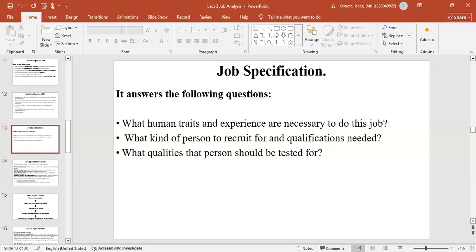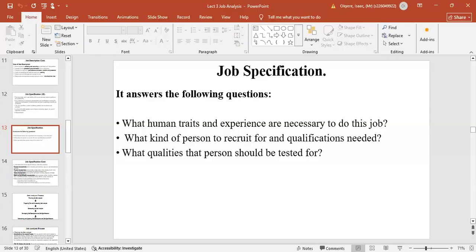Remember, I told you job specifications tell you the qualifications. So, for example, if we are recruiting only lecturers, then your job specifications will let you know the kind of recruitment that we are having.